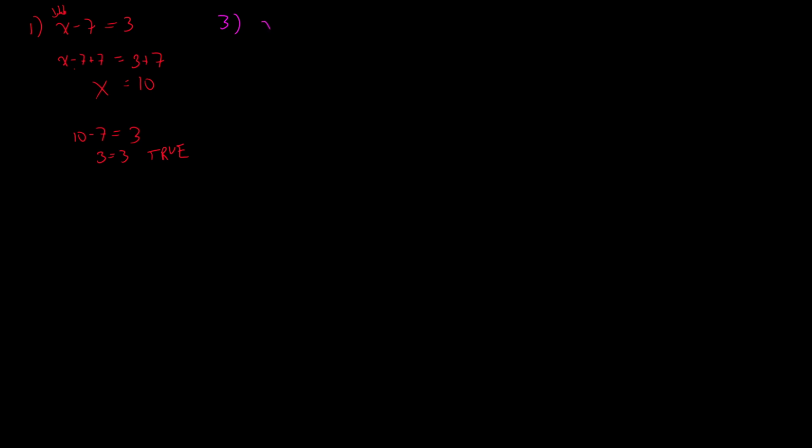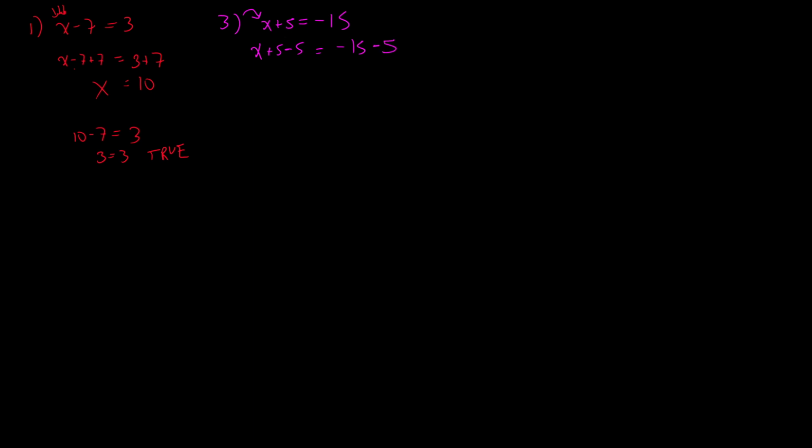So x plus 5 equals negative 12. Again, we want to focus on x, so we have to ask ourselves, well, what's in the way of getting x on its own? Well, it's an addition. So I will do the opposite. I will subtract 5. 5 minus 5 is 0, so that gets rid of that, isolating the x. But whatever I do to one side, I have to do to the other.